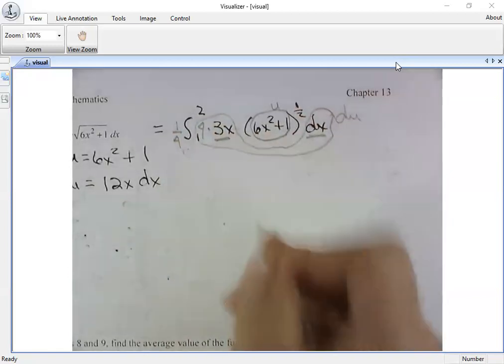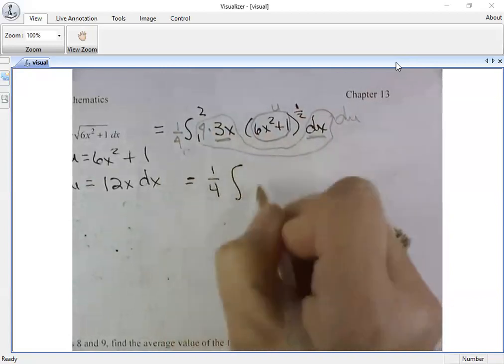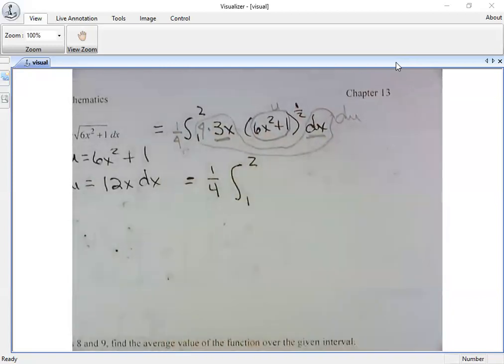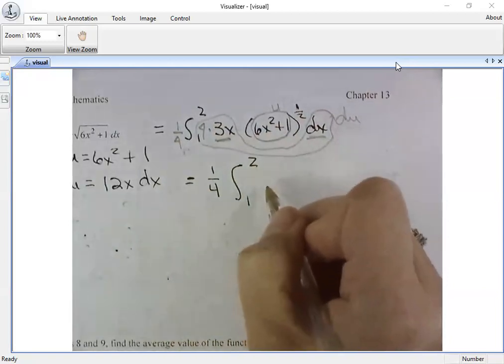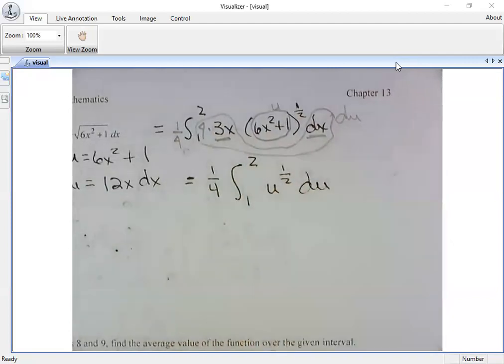And now I've got 1/4 times the definite integral from 1 to 2 of, what am I actually going to be integrating? Using u to the 1/2 du. Very good. Okay.